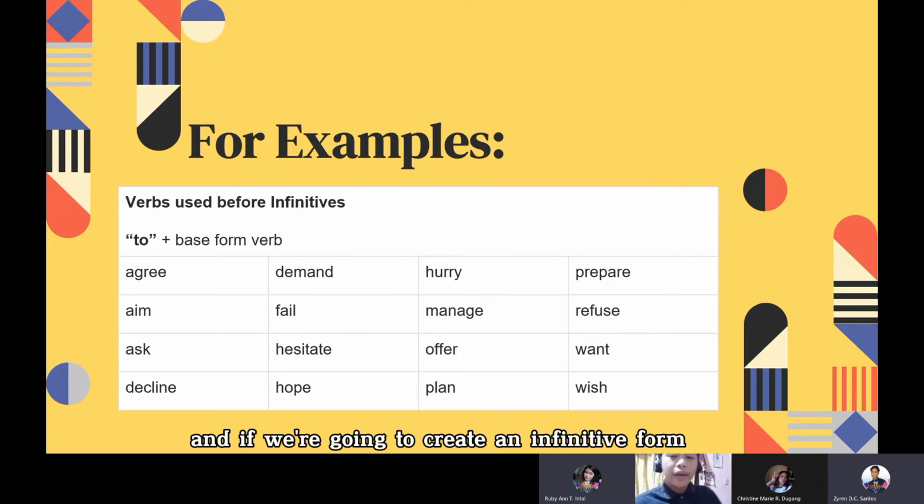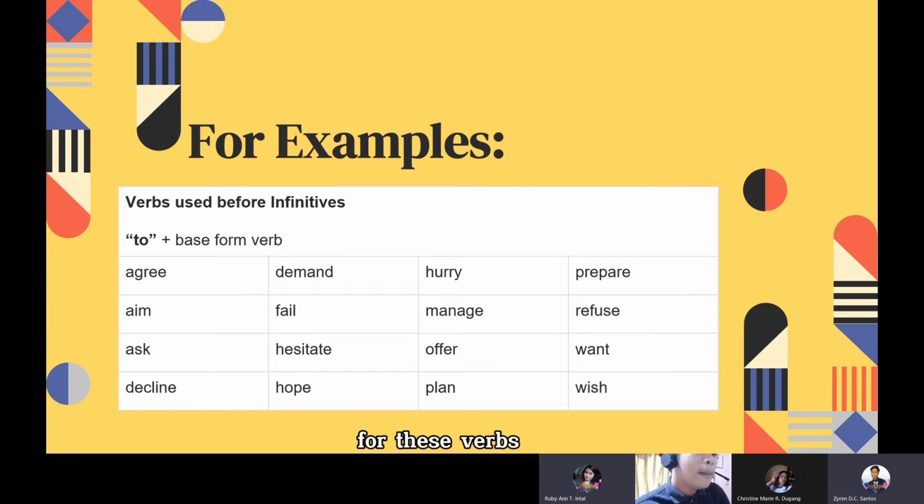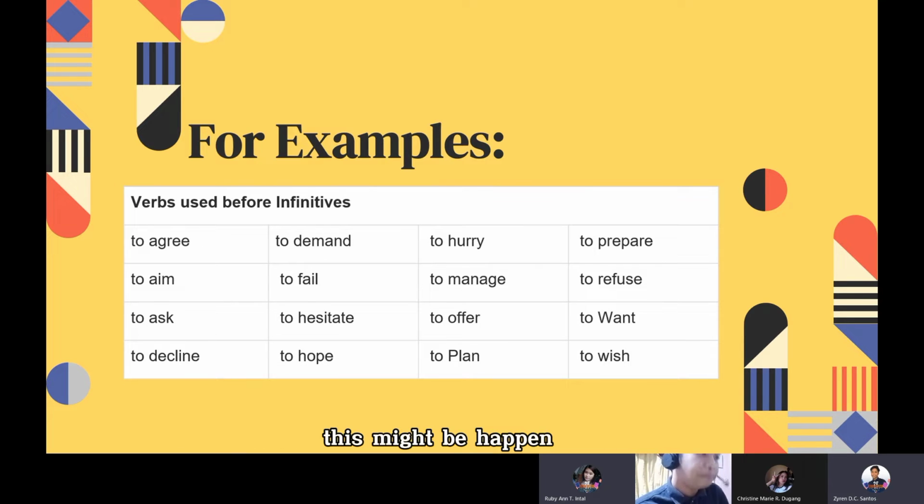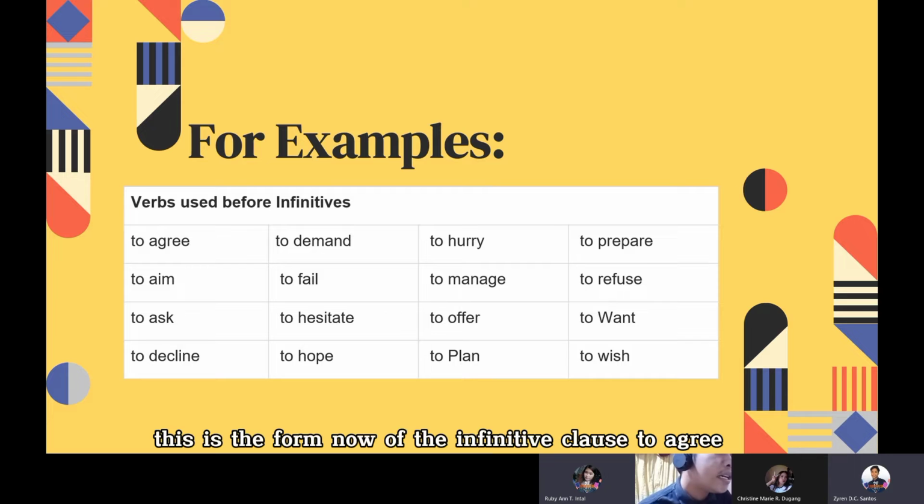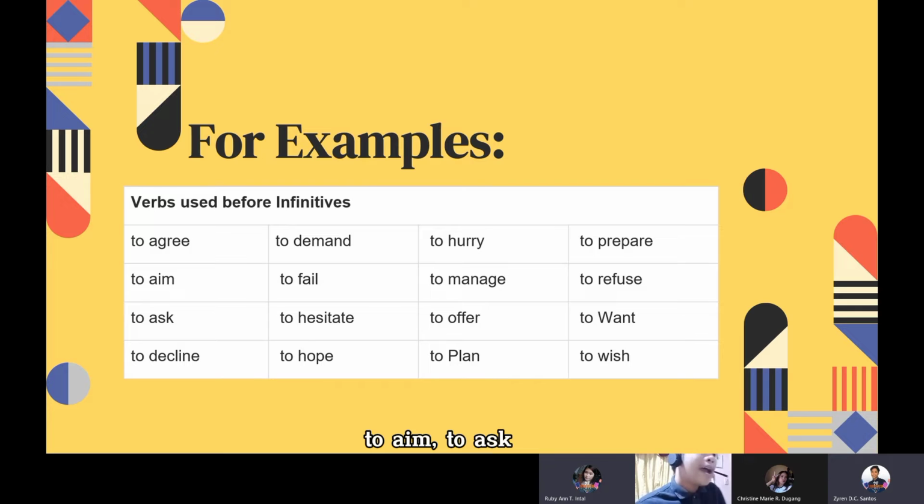If we create an infinitive form for these verbs, it would be: to agree, to aim, to ask, to decline, to demand, to fail, to hesitate, to hope, to hurry, to manage, to offer, to plan, and so on and so forth. Now let's proceed to our lesson.